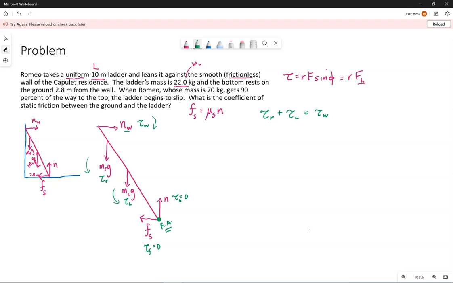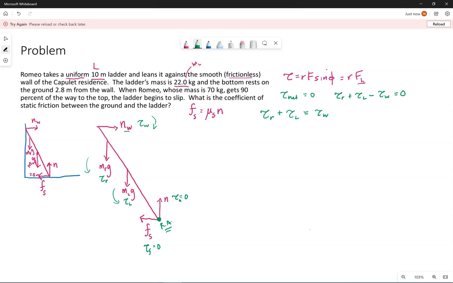So we're saying the net torque needs to be 0. I'm just jumping this step. Torque due to Romeo and the ladder being positive, we would subtract the torque due to the wall, set them equal to 0. The torques that would cause counterclockwise motion need to balance out with the torques that would cause clockwise motion.